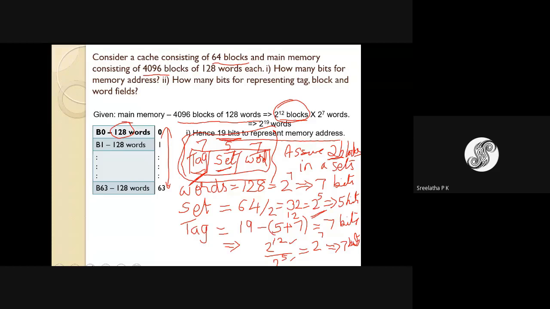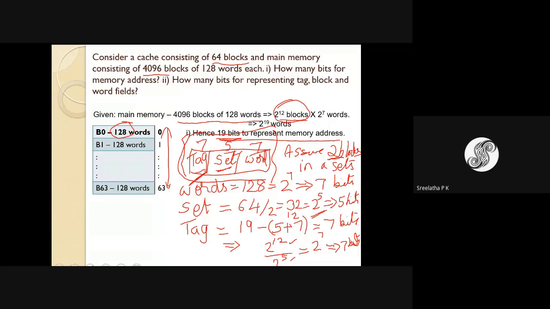So it has some restrictions of direct mapping and it is free like associative mapping also. The restriction is that the memory block has to be mapped to a particular set only, and it is free to select any block within the set. Okay, so that is the set associative mapping.